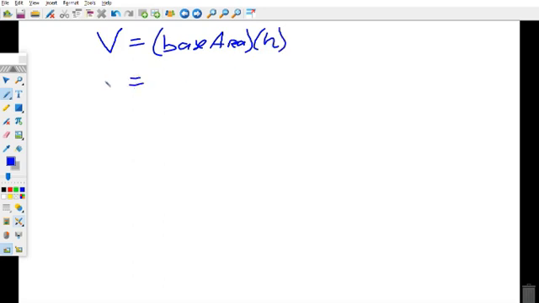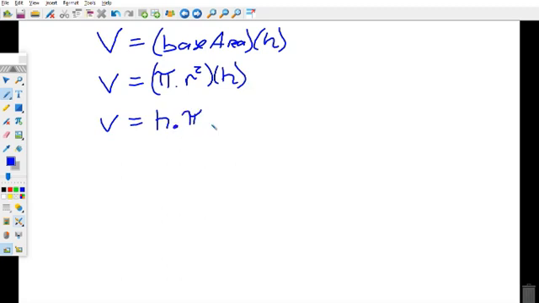So the volume of a cylinder is going to be pi times r squared times h. So we can write that out: the volume is equal to h times pi times r squared.